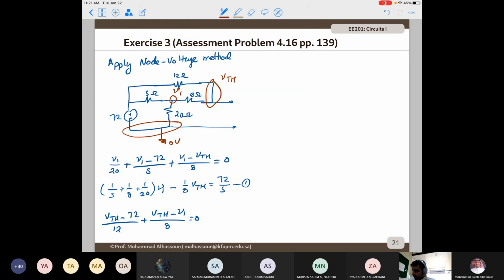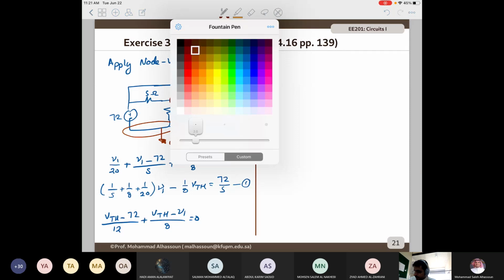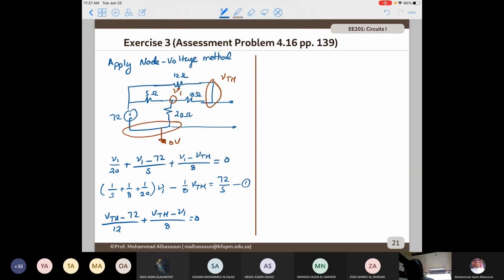If I simplify it, this is the second equation.